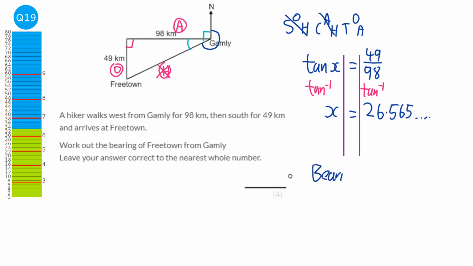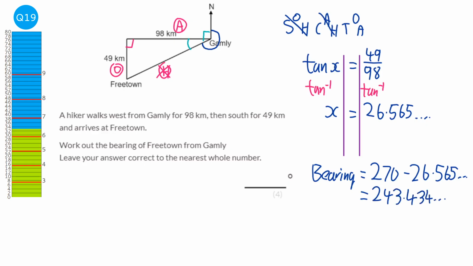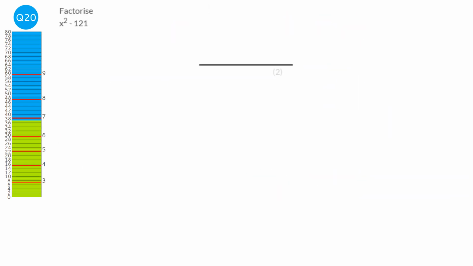So bearing, we're just going to do 270 take away the 26.565, and that gives us 243.434. It says it wants it to the nearest whole number, so that's going to be 243.